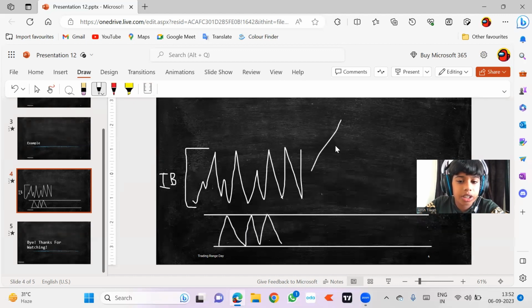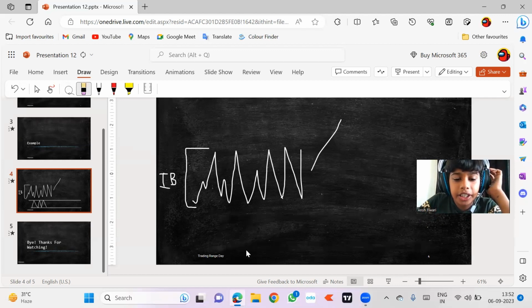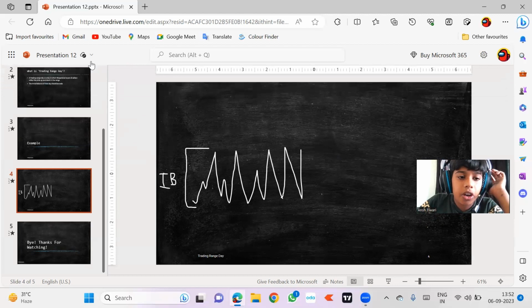So these two range lines here, in a trading range day, it's a range on which the market has responsive buyers and sellers.